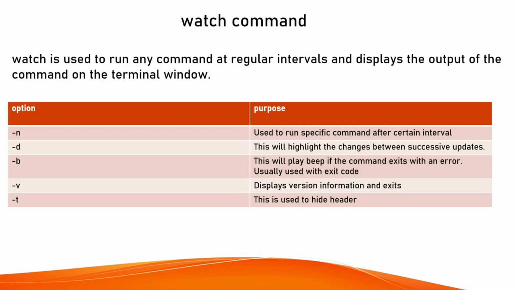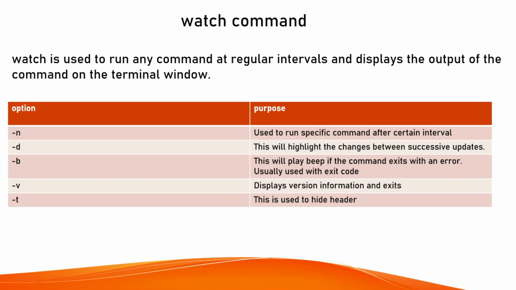Let's move to another important command called the watch command, and this command is basically used when you want to display the output of a certain shell command or Unix command after a certain interval, right? And that's what the watch command is for, and it has certain options to be used.